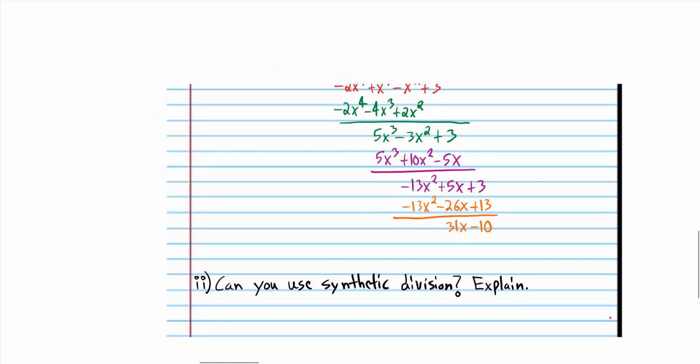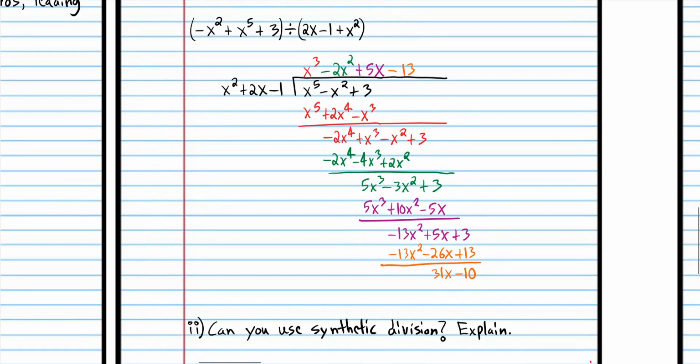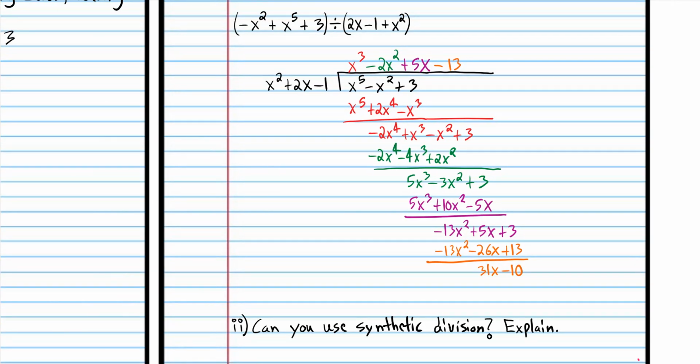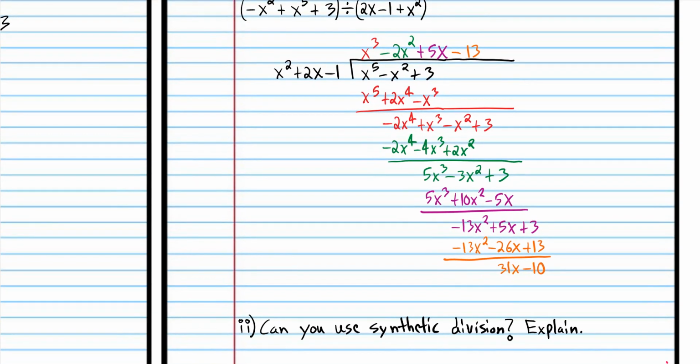So now the degree of the remainder, which is 1 in this case, is smaller than the degree of the divisor. So that means we're done. We just have to write the final answer. So the final answer is this expression up here. So let's write that.